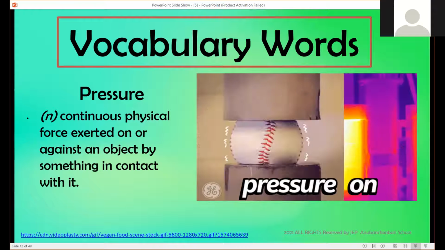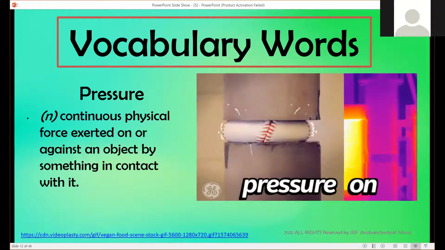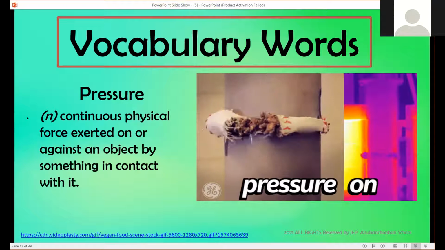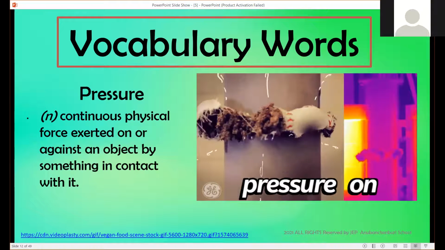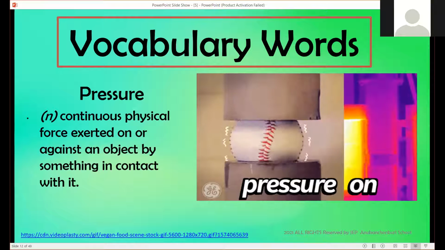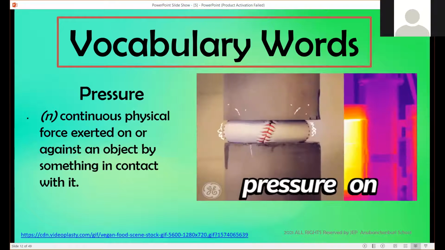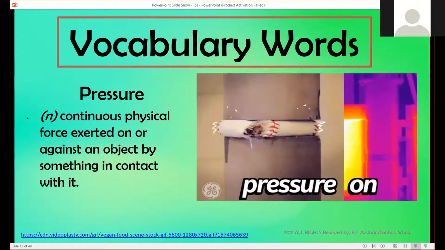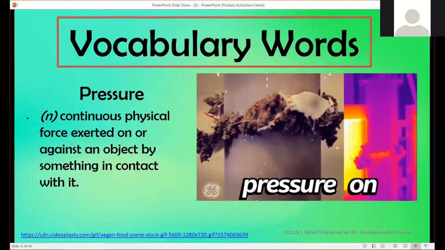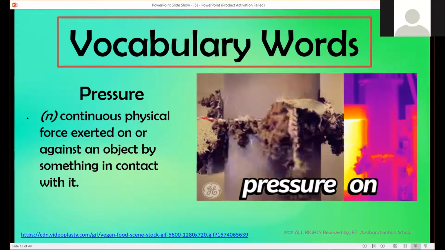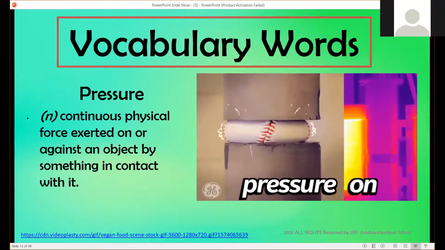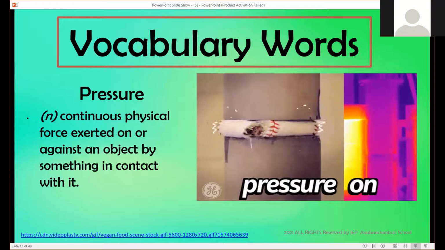So a pressure, as you can see in the picture, is that when you continuously exert a force like this, then it will create a pressure, like the one you see with the softball. It is getting pummeled because of too much pressure.